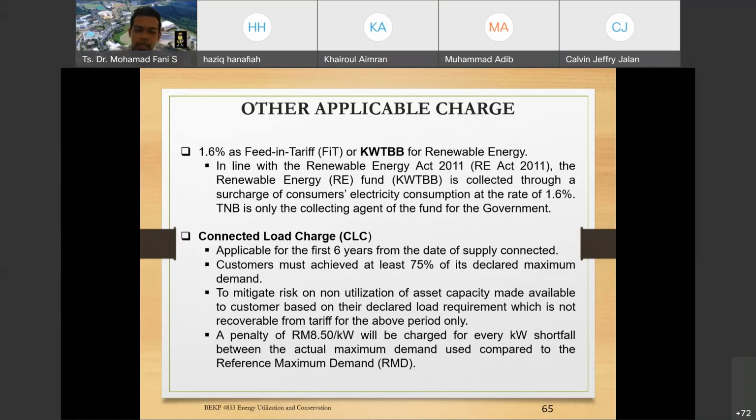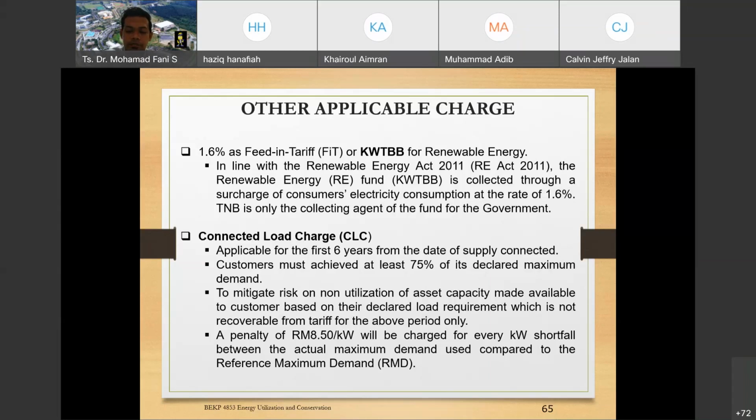This is to mitigate the risk of non-utilization of asset capacity made available to the consumer based on their declared load requirement, which is not recoverable from tariff for the above period only. So this is the penalty charge for every kilowatt not achieved by the consumer, which is 8.5 ringgit, 8 ringgit 50 sen per kilowatt.